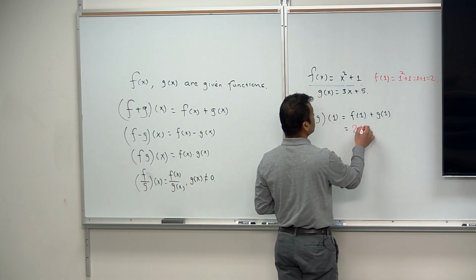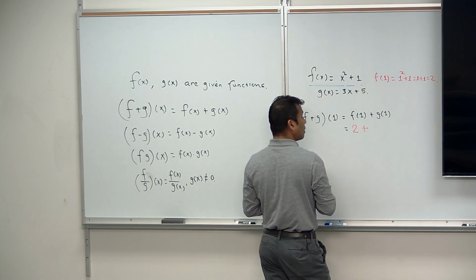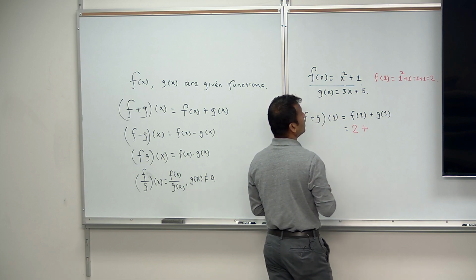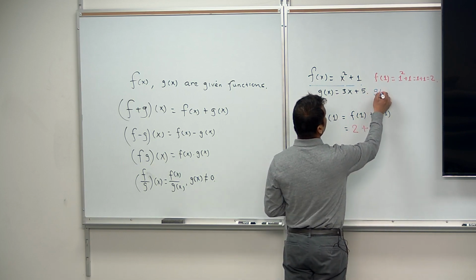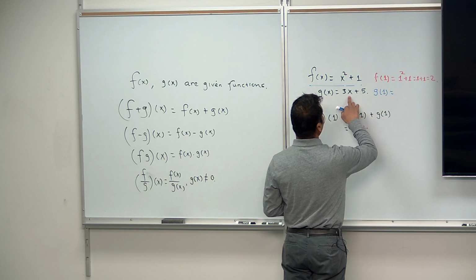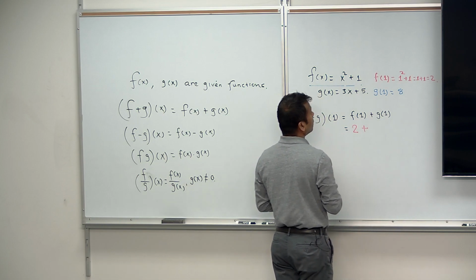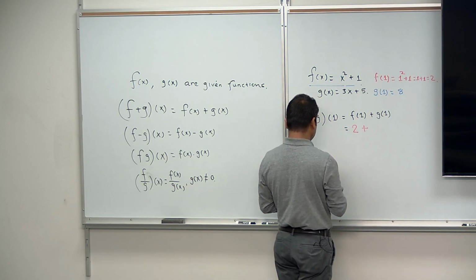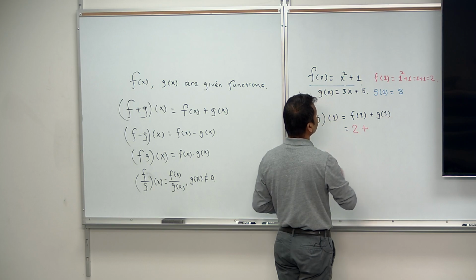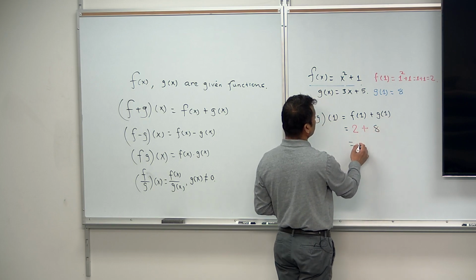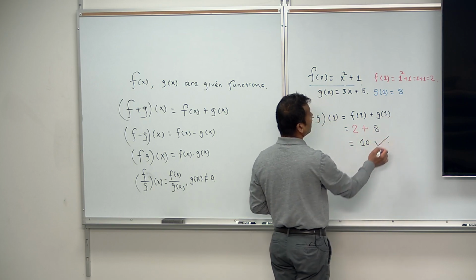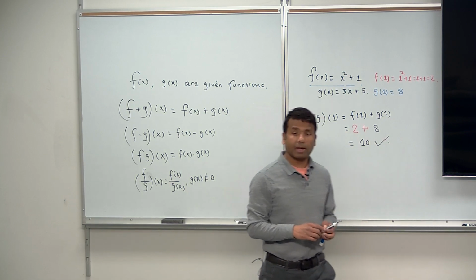So f of 1 is 2, plus, similarly, can you find g of 1? You plug in x equal to 1. So 3 times 1 is 3, 3 plus 5 is 8. So now this is 2 plus 8, which is 10. Did you get it?